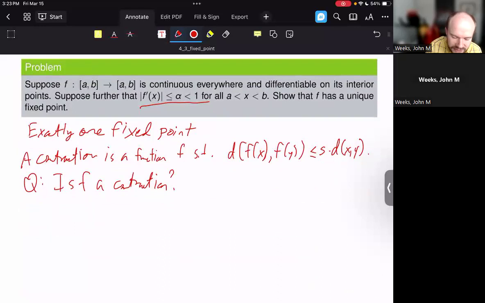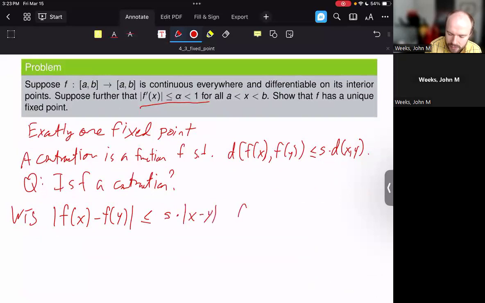Well, the distance for us is going to be this, right? The absolute value of f of x minus f of y. We want to show that this is less than or equal to some s times the absolute value of x minus y, for some s between 0 and 1.